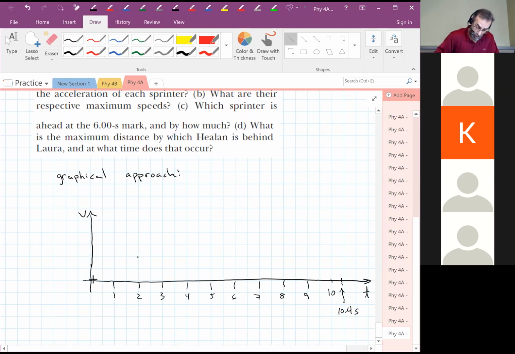So I'll draw Laura in here. Let's see what color. I'll just use black. This is V. So the first person takes 2 seconds to reach her maximum.